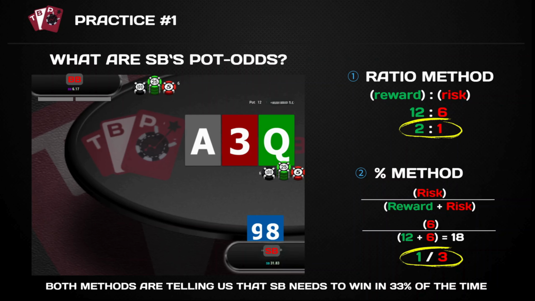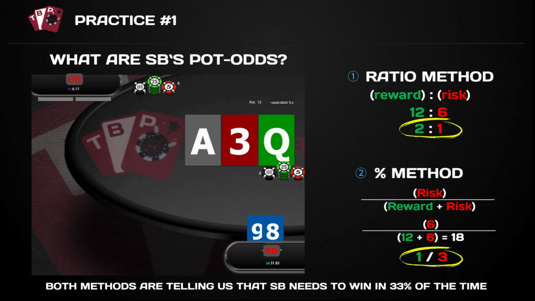As we know, the total pot represents also the reward. We know the reward is here 12 BB. As the risk is the call size, and that number is here 6, because the small blind has to pay 6 BB if he calls.